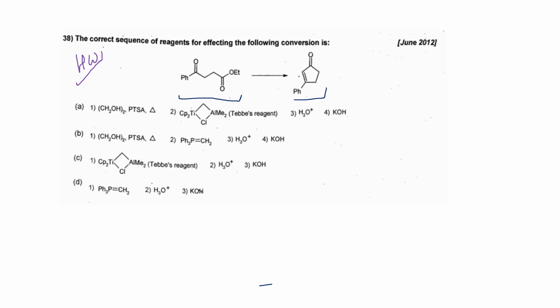So let's first break this bond. There is an alkene, so we are breaking the alkene first. To break this alkene, how can this be a ketone? There will be a negative charge, which can be shown this way also.